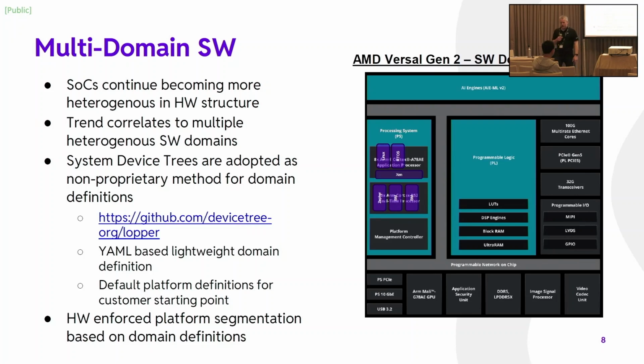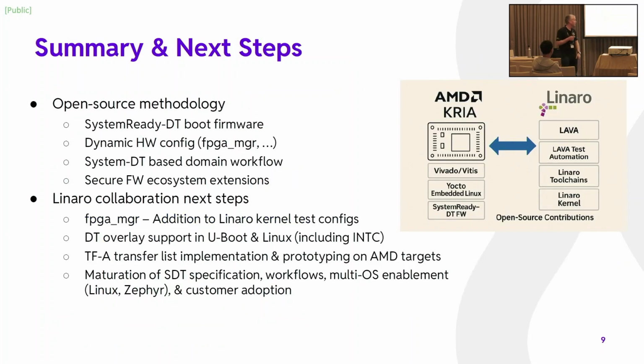And in our devices, we also have an ability to do hardware enforcement of that segmentation. That hardware enforcement is something customers typically have a really hard time understanding how to configure. And granted, it's complicated, but then they can start to tie that in. And it really just becomes a simple way for our customers to understand how to do this. And this is not an AMD-specific problem, right? This is a problem for all the heterogeneous SoCs that are coming out.